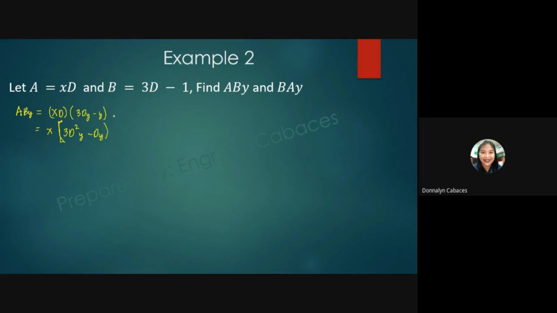And so you now have your 3x D squared y minus x Dy. And therefore, your AB will now be equal to 3x D squared minus xD.